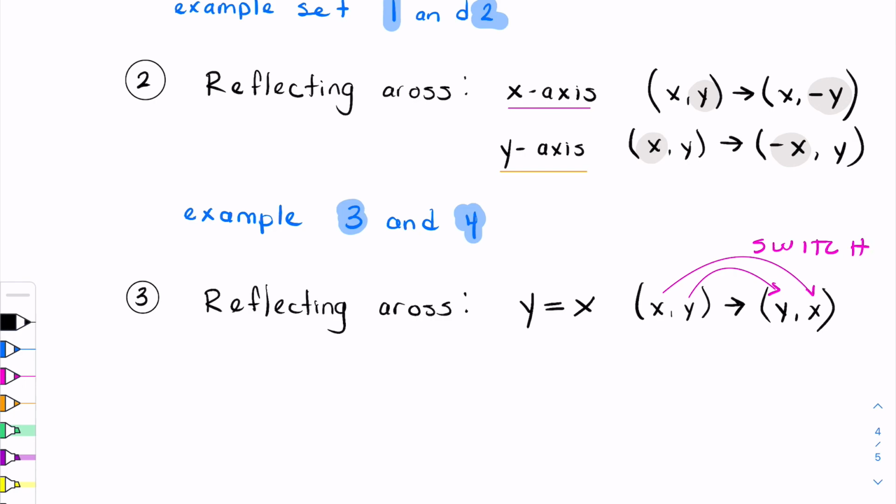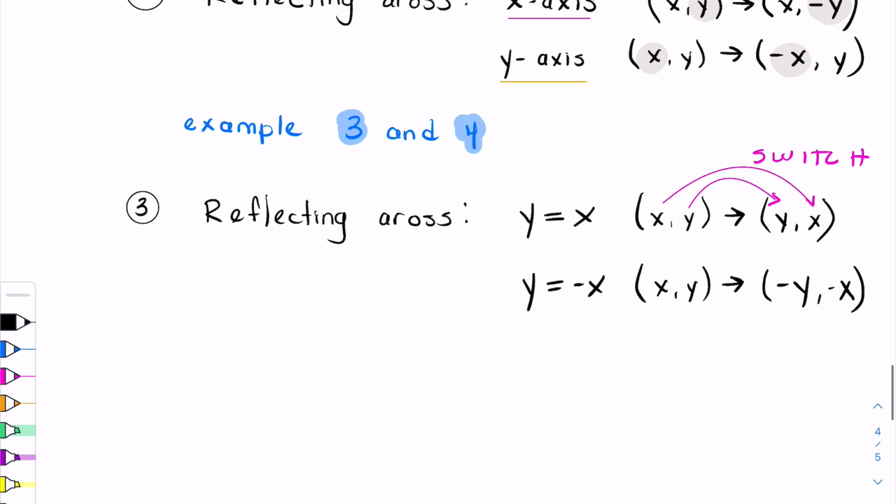And then also we looked at reflecting across the line y equals negative x, which is when you have your original coordinate. You switch your points, but you also make them both a negative value. So that negative is important on that last one. I'm going to highlight the negative signs. You still reflect or switch your points, but you also make them negative.